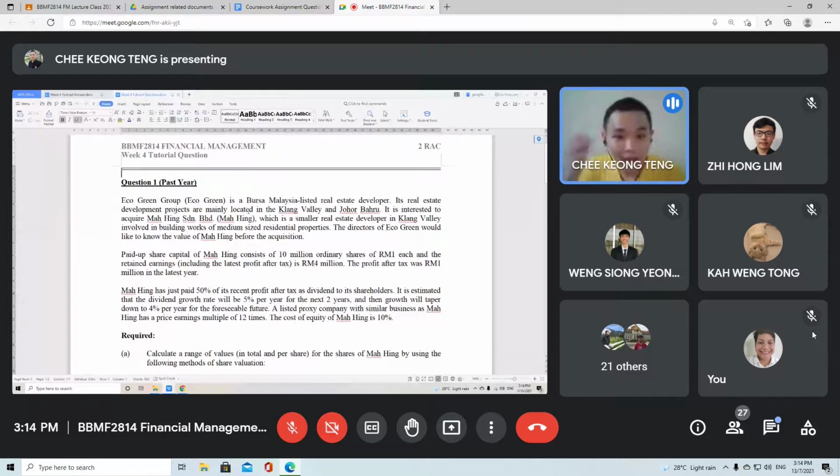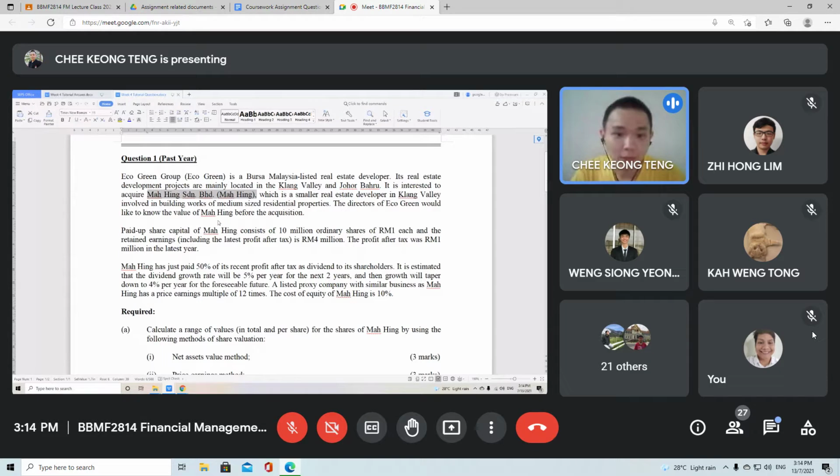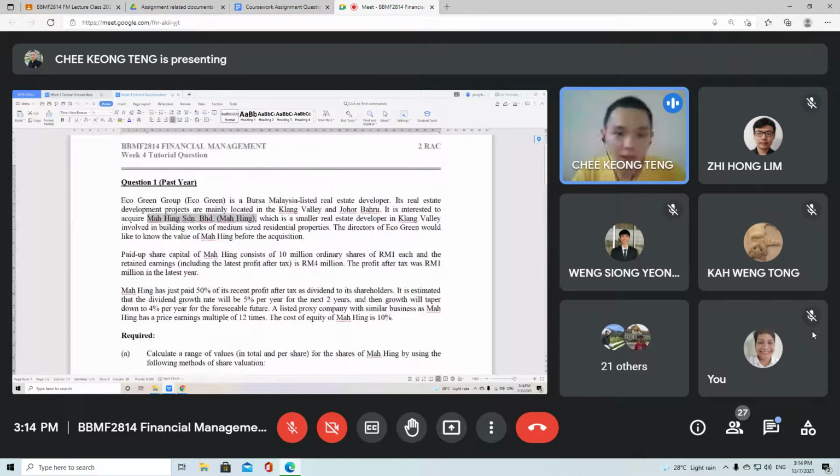We have a public listed company which is going to take over another company, Masing Sdn Bhd. Before the acquisition, EcoGreen would like to perform a valuation analysis on Masing in order to see what price they should offer if they want to take over Masing.